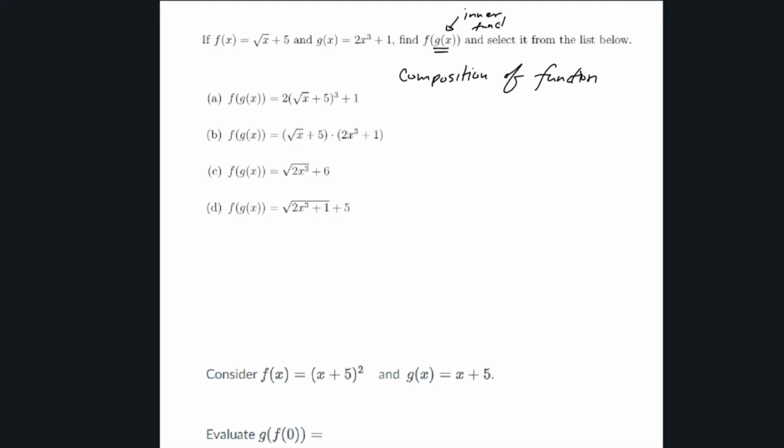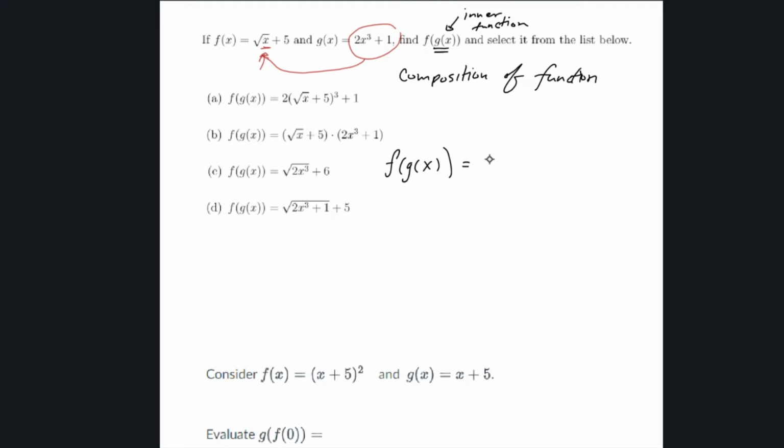That means everywhere there is an input in the outer function f of x, this is where inputs to f of x go. Everywhere there's an input in f of x, since it's our outer function, the entire function g of x will go there. So whenever we write f of g of x, well, what does f of x do?